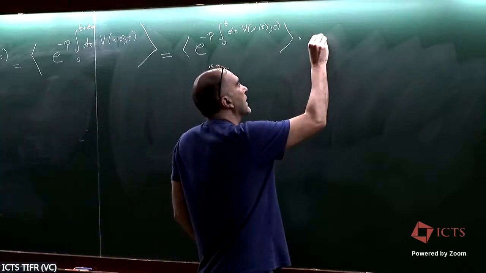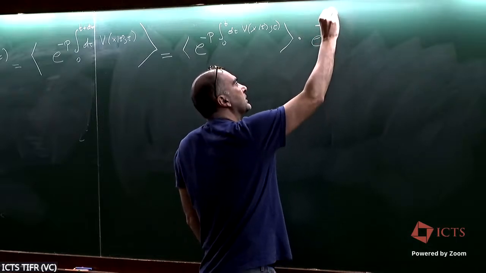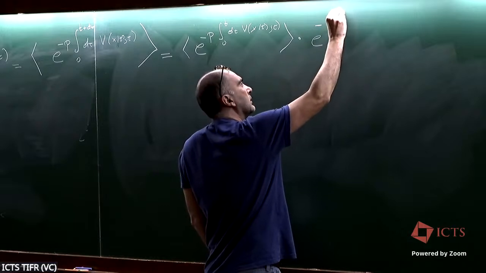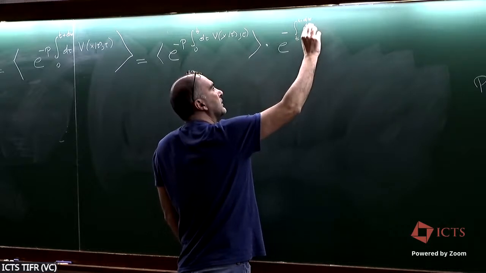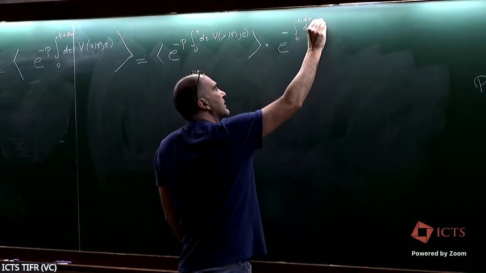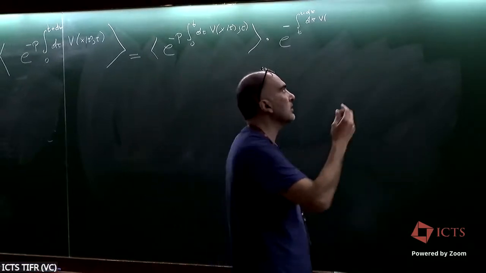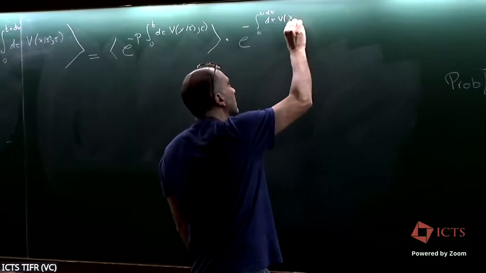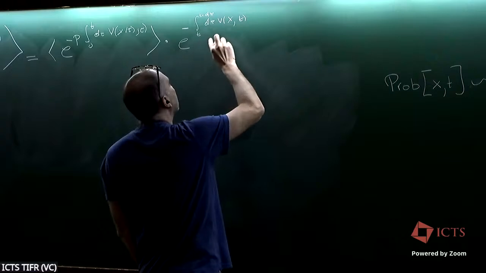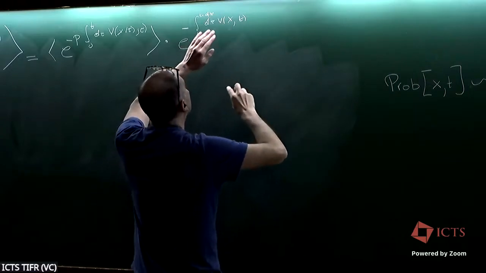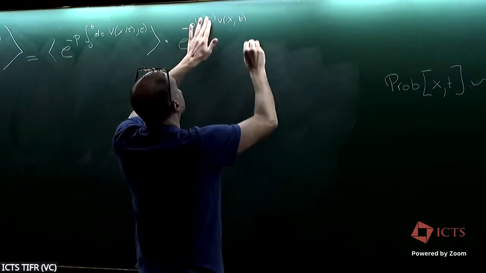So I have exponential minus p integral from t to t plus dt d tau, and now I know what V is at the end. It's not V of x tau, it's just V(x,t). So it becomes independent. So this object is actually just p V dt.